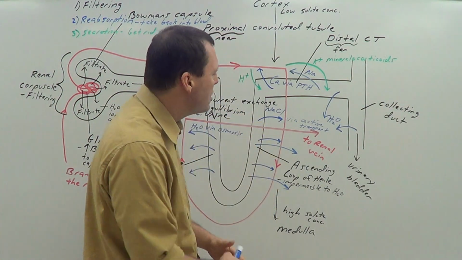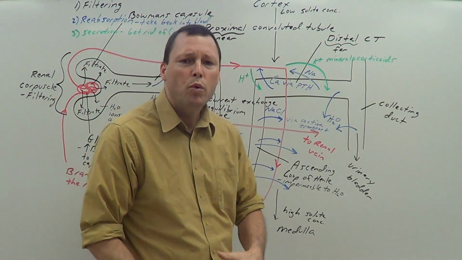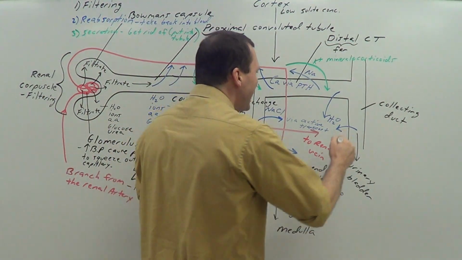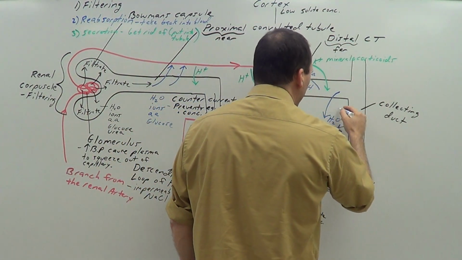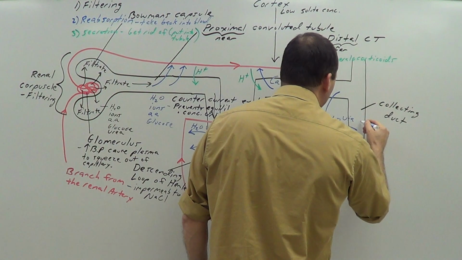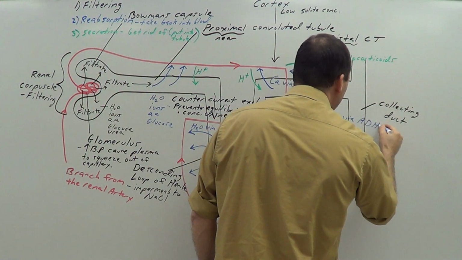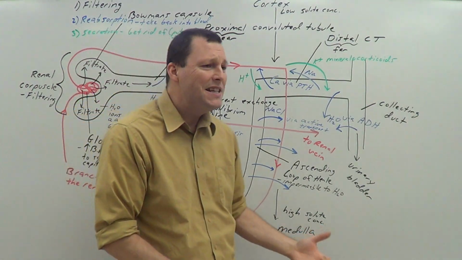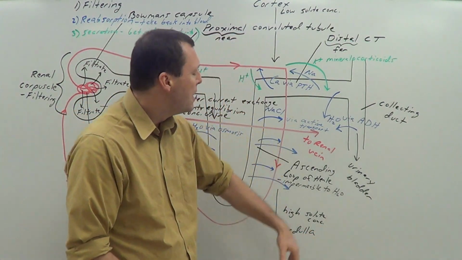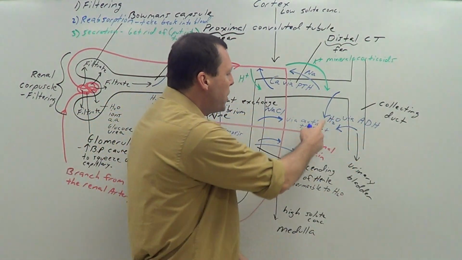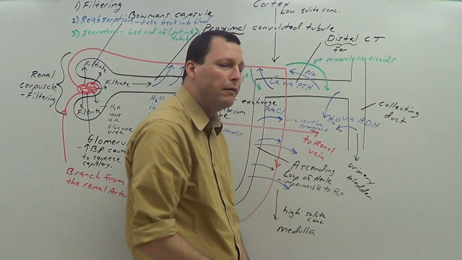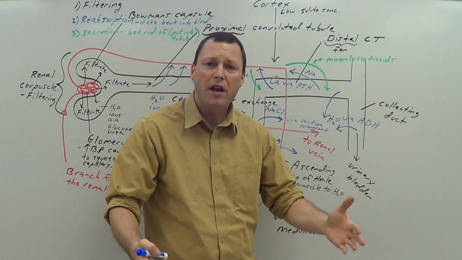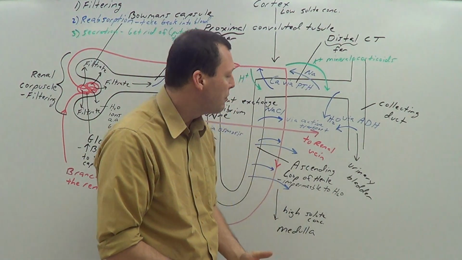So what's going to happen is the body is going to release a hormone called antidiuretic hormone. And I'm going to write ADH, antidiuretic hormone. An antidiuretic hormone is going to promote the reabsorption of water so that we don't urinate out the rest of the water that we have left.